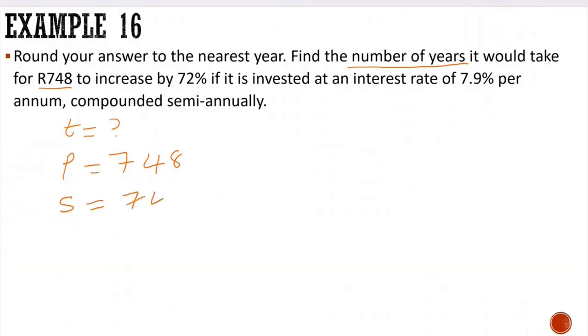If you don't like this, you can say 748 multiplied by 72%, and then you take that value and add it to 748. That's what we are saying here: 748 plus 748 multiplied by 0.72. So the accumulated amount then is going to be 1,286.56. Okay, so that will be your accumulated amount.